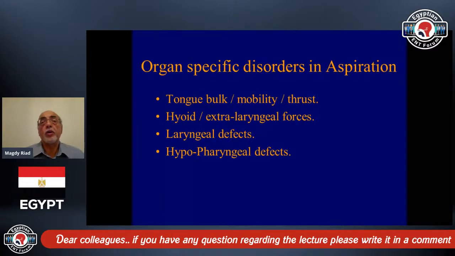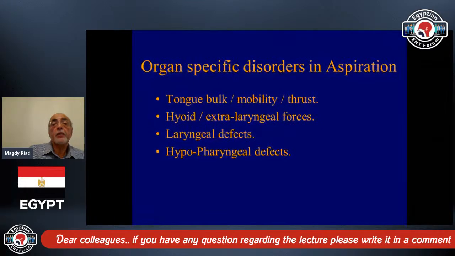The larynx does not just adduct and abduct, it also moves upwards and downwards and forwards and backwards. So the extralaryngeal forces, in conjunction with the hyoid and other muscles in the neck, are important in the understanding of aspiration. And of course, you have the intrinsic laryngeal defects like loss of sensation and the loss of motor power and glottic incompetence. And the same applies to the hypopharyngeal defects. So we'll take a few seconds to go through this.